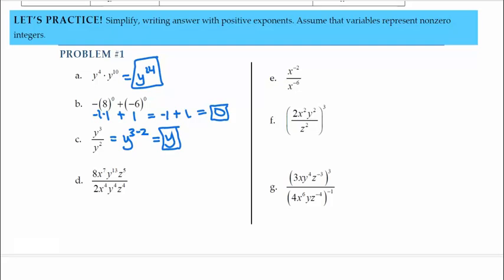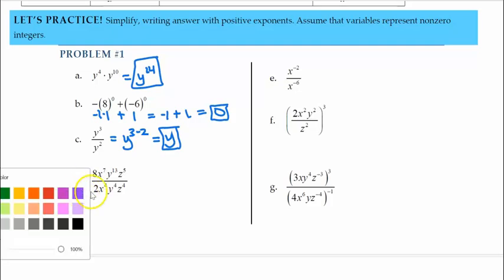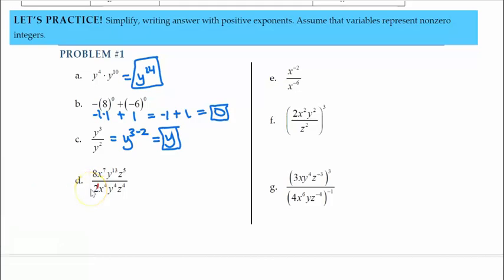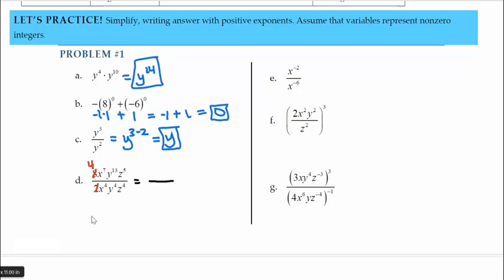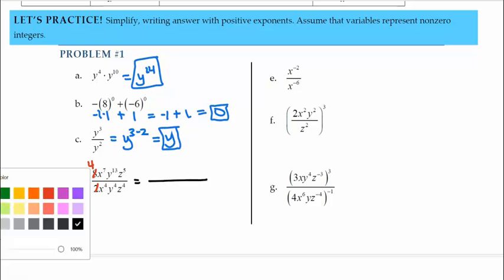I can see if I divide 2 into 8, I get 4, right? So 4 is remaining there, and that 4 is going to stay on the top.